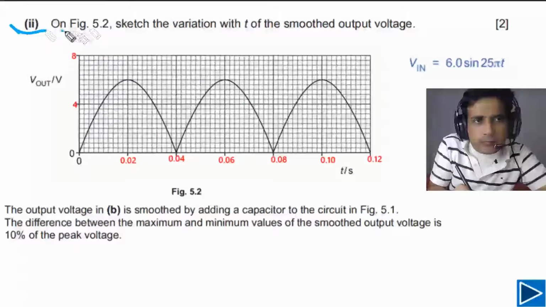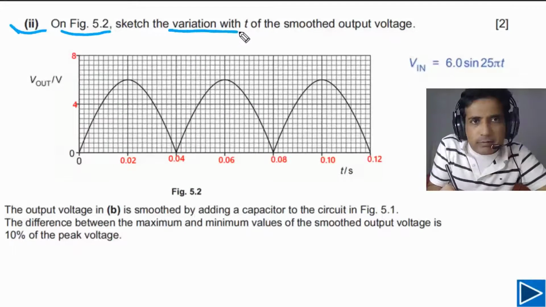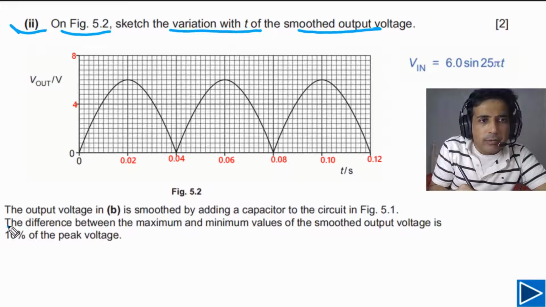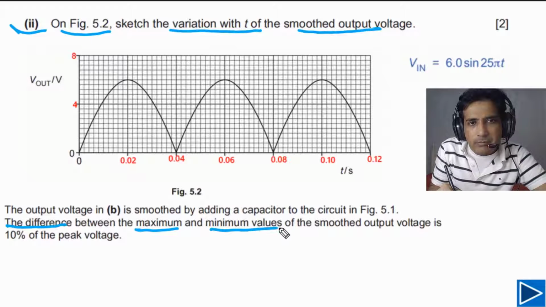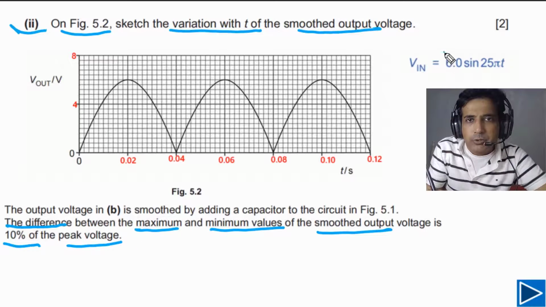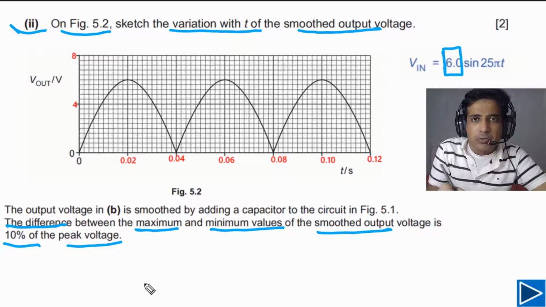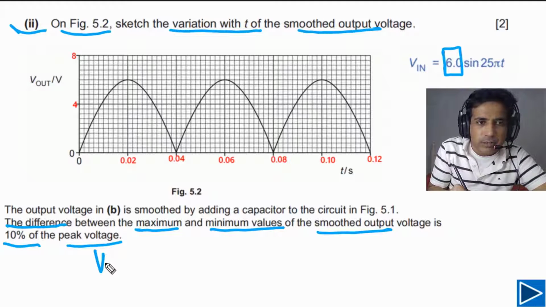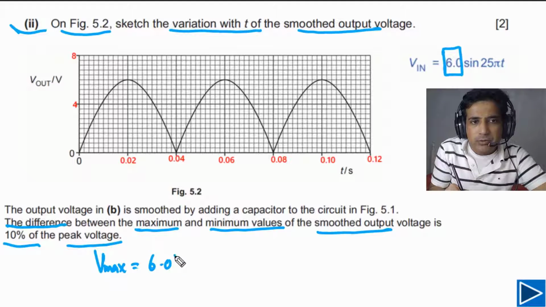For the second part on figure 5.2, we need to sketch the variation with time t of the smoothed output voltage. But for this question, it is given to us the difference between the maximum and minimum values of the smoothed output voltage is 10% of the peak voltage. Peak voltage we have already discussed is equal to 6.0 volts. We can simply say in this case V max is equal to 6.0 volts.